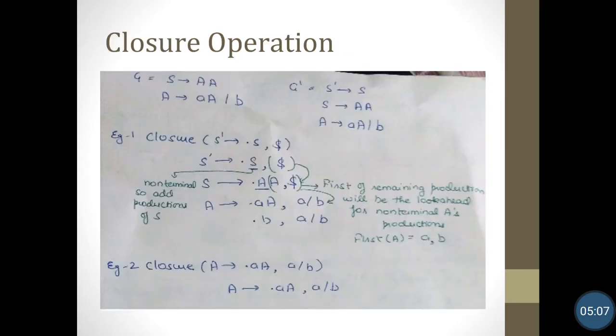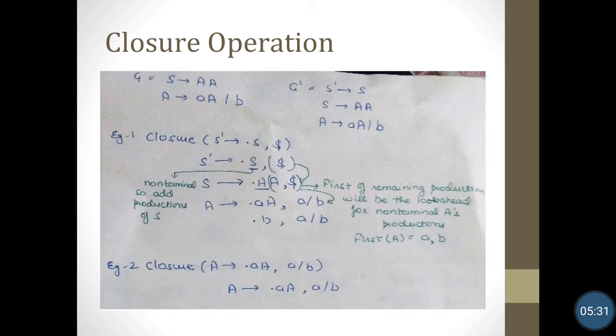For closure function in CLR parser, we add look ahead symbol here. In this closure function, s dash goes to dot s, and follow of s dash is dollar sign.